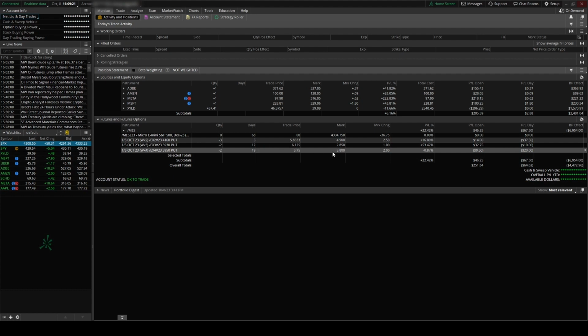We sold it at 575, but if we buy it, it's 585, so we don't want to buy it right now. We're losing money a little bit, 50 cents down. The parentheses mean negative. So we're losing 50 cents on that one right now, but that's got 19 days. We'll let it expire.